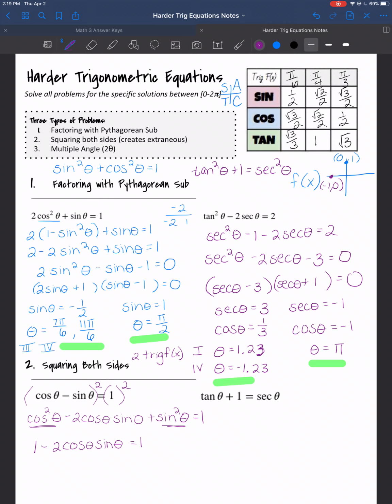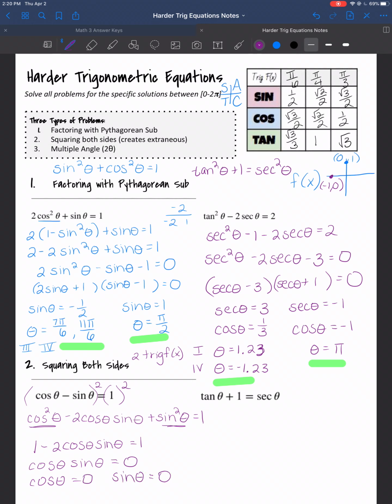Then you're going to solve by subtracting 1 to the other side. That would give me 0. Dividing 0 by negative 2 takes you to cosine theta sine theta equals 0. Now technically you have two different factors set equal to 0, so I can set those separately equal to 0 using the zero product property.